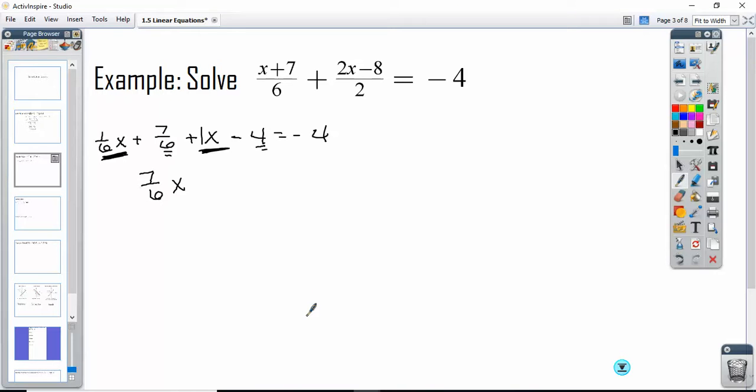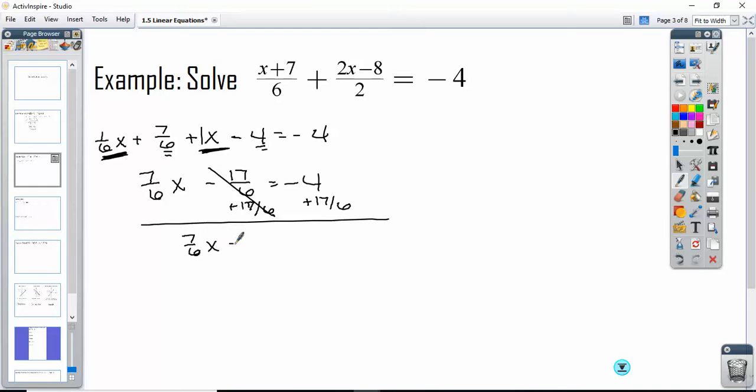I don't have to tell you the answer. 7/6 plus negative 4. Okay. Then we would add over the 17 over 6. So we have 7/6x equals, what's negative 4 plus 17 over 6?